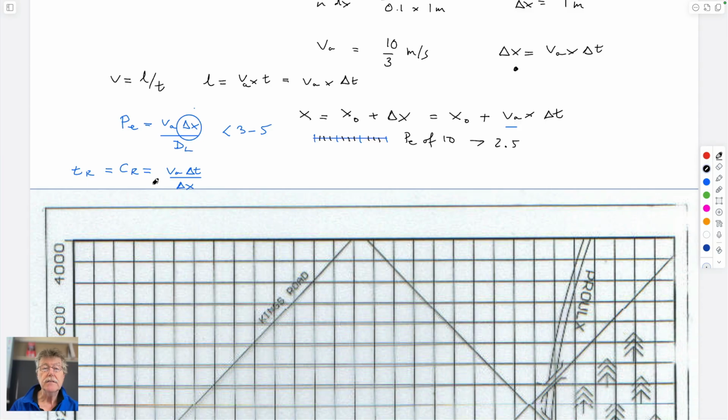The other constraint is that if you have a known advective velocity and a known length, so delta x here isn't the length of the core, but it's the distance between these points. So this would be delta x.